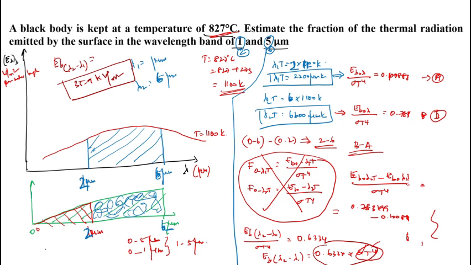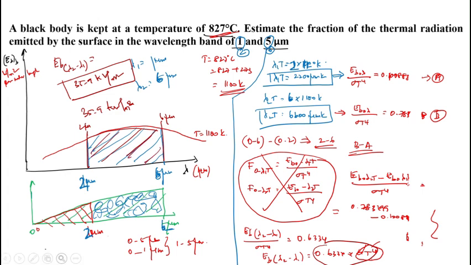So between the 2 micrometer and 6 micrometer wavelength, the emissive power is 35.9 kilowatt per meter square.